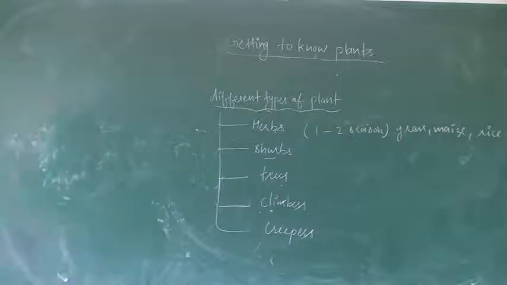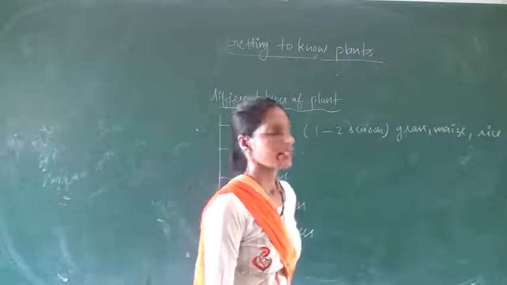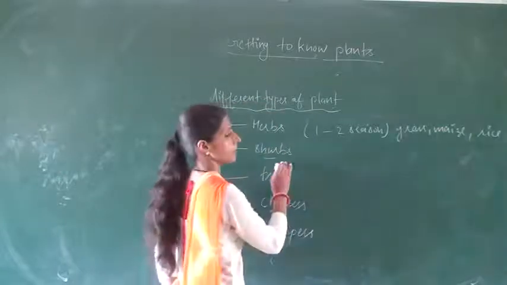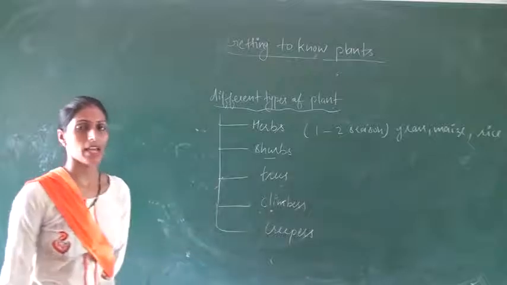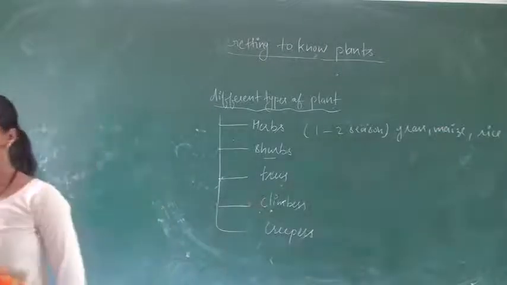Next is shrubs. Shrubs are plants that have woody stems. They are medium-sized plants.